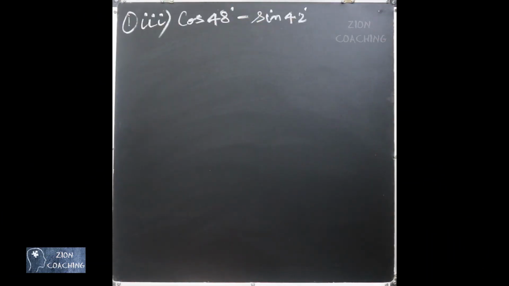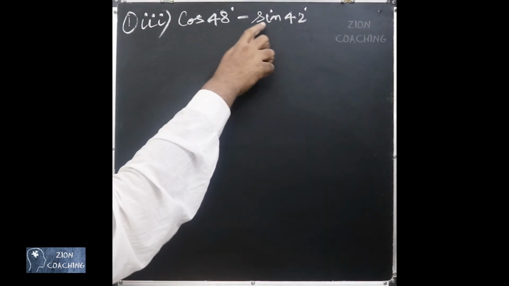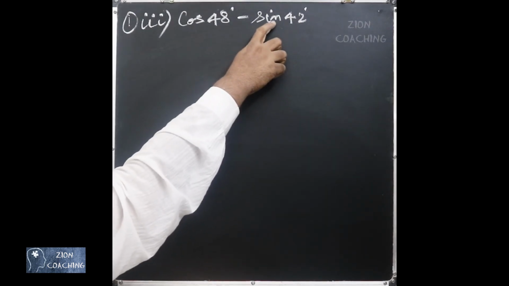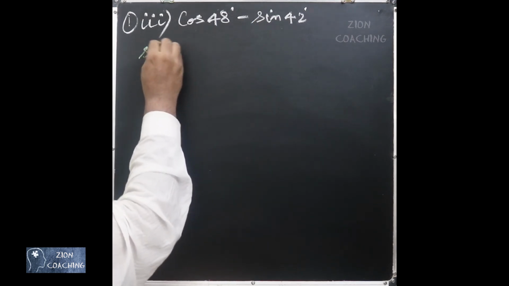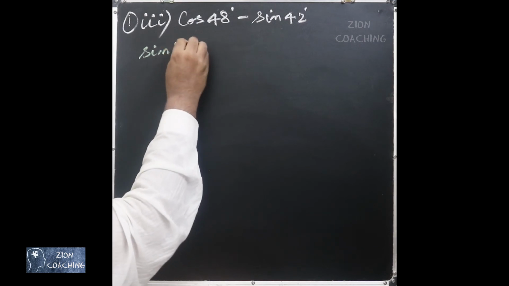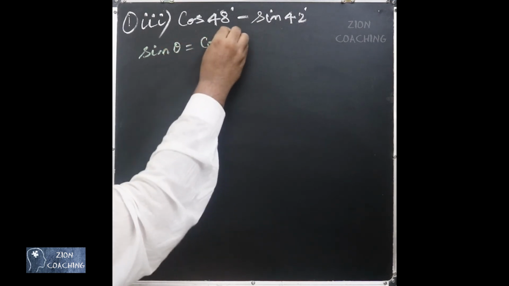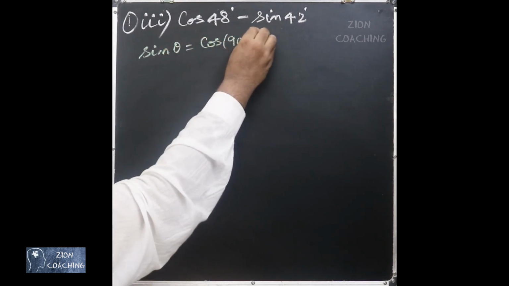Third subdivision, evaluate cos 48 degree minus sin 42 degree. You can either replace cos by sin or sin by cos. I am going to replace sin by cos. You have sin theta is equal to cos 90 minus theta.